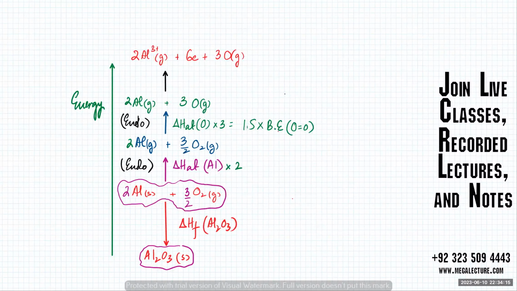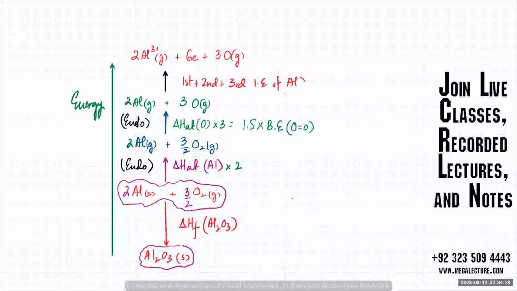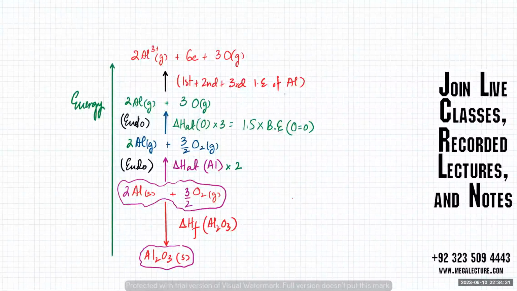So how many ionization energies is this? This is the first plus second plus third ionization energy of Al, and that too getting multiplied by 2. Why? Because you got 2 Als, right? Is this clear?